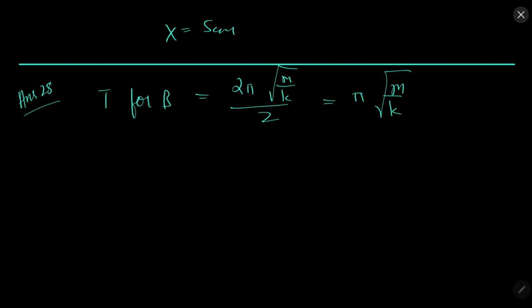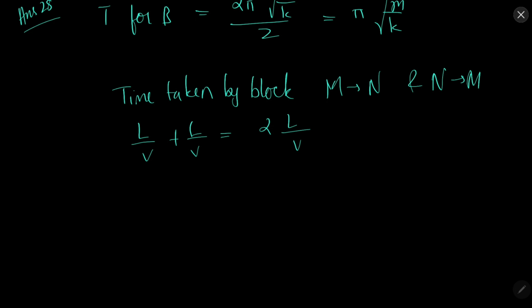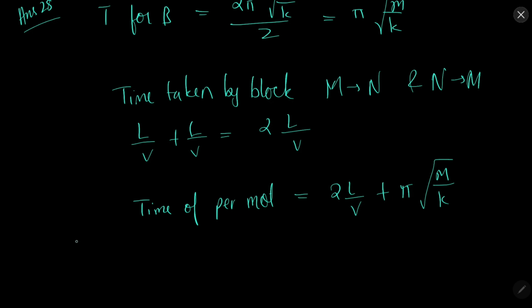Now the B block collides with A. So time taken by the block to move from m to n and then from n to m will be L by V plus L by V, that is 2 L by V. So time period of periodic motion will be 2 L by V plus pi root m by k.